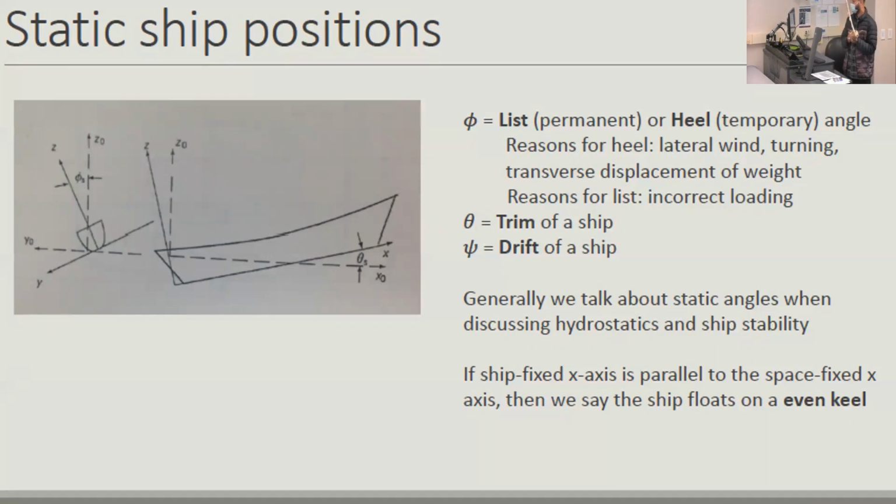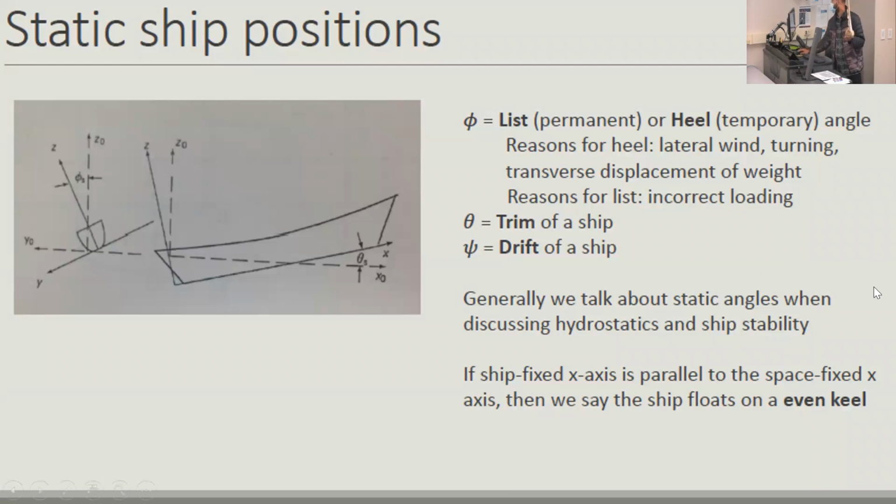Too bad, okay. So let's say if you load on cargo and you're not careful doing it, you put too much on the starboard side. So there will be a moment, right? That's what causes a permanent list. No matter whether you're stationary or moving, you will have this list angle.